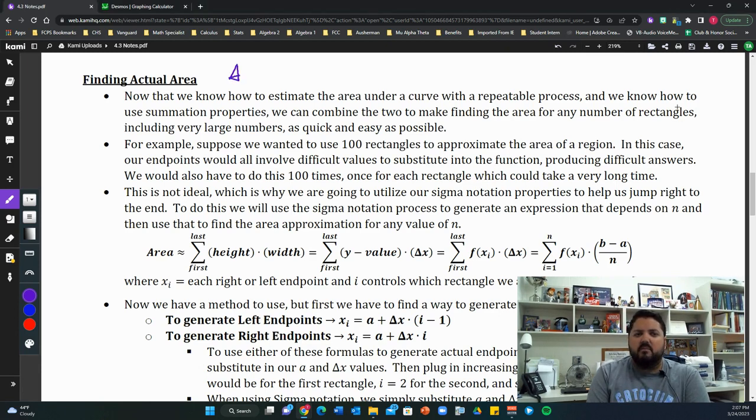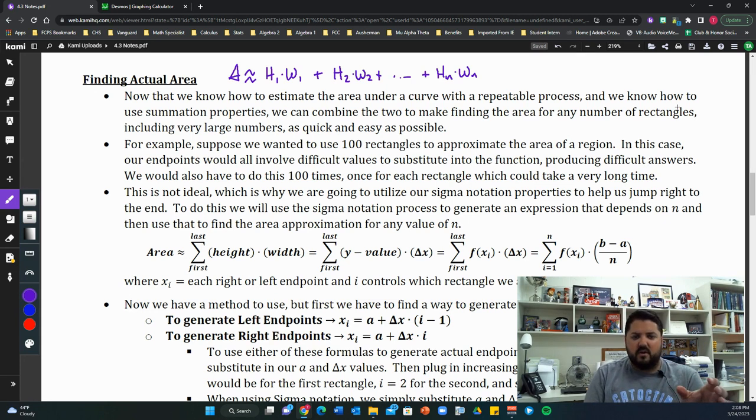Our area would have been approximately equal to the first rectangle's height times its width, plus the second rectangle's height times its width, and so on, all the way up until the very last one. So that's not really anything new. The only new part there is shrinking all of that down and representing it with that sigma notation. But it still operates the same way.